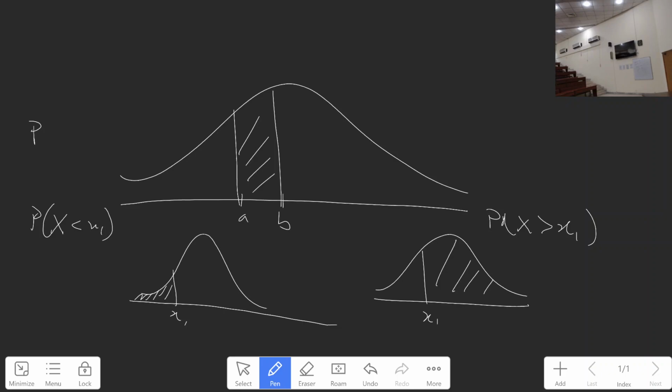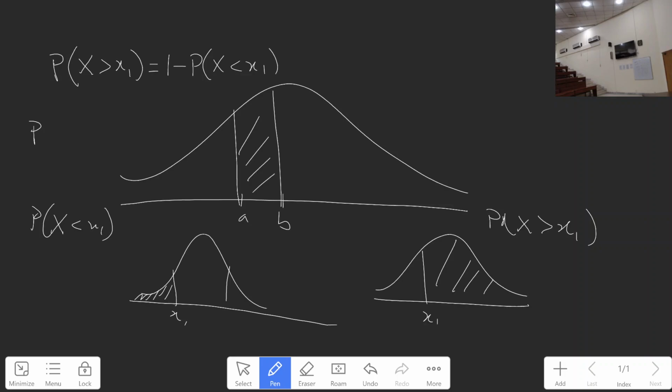Now we often use that and this together to show that probability x is greater than x1 is actually just 1 minus probability x is less than x1, because this is the cumulative distribution function, capital F. So we can use that to get the other distribution. Similarly, there are many other tricks, actually it is symmetric. So the probability that x is between x1 and some value here can always be shown to be the same as that for a similar value on the other side. So it is symmetric and it has these values.